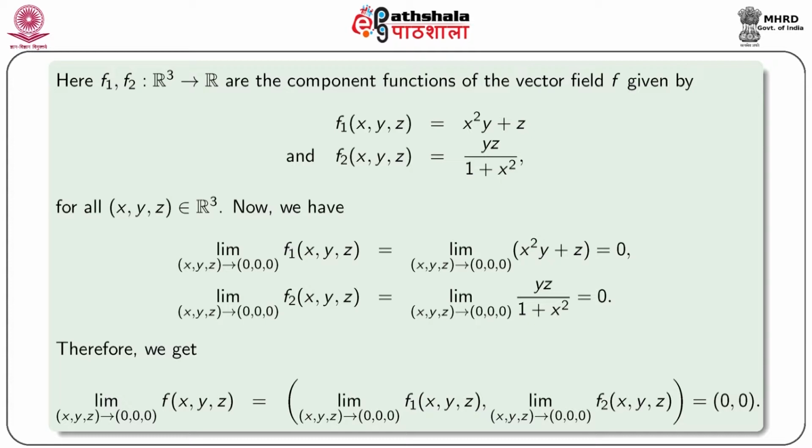They are the component functions of the vector field f and are given by f1(x, y, z) equals x squared y plus z and f2(x, y, z) equals yz by 1 plus x squared. Now, we consider the limit as we approach the origin, that is, (x, y, z) tends to (0, 0, 0). So, we have limit of f1(x, y, z) equals 0, limit of f2(x, y, z) equals 0. Therefore, limit of f as the point approaches the origin is (0, 0).